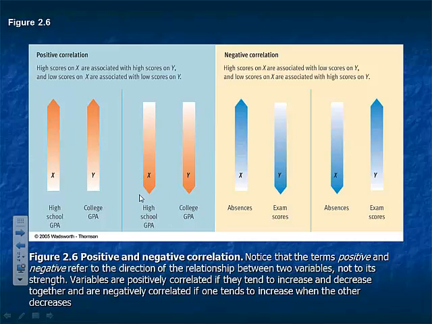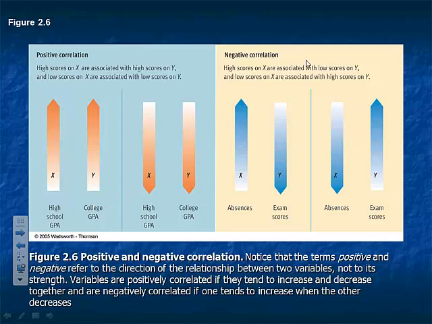And also, as high school GPA goes down, you're also going to see college GPA go down. It's more likely to go down, at least. So although positive correlation might make you think that it can only go upwards, it just means that they're both going in the same direction.